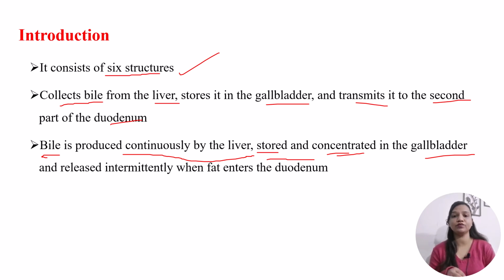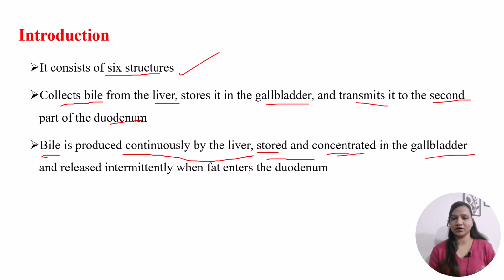The gallbladder epithelial cells actively absorb sodium and chloride from the bile into the blood, and there is also osmotic absorption of water. About 80 to 90% of water is absorbed in the gallbladder, and the concentration of the bile increases 5 to 10 times because of this.